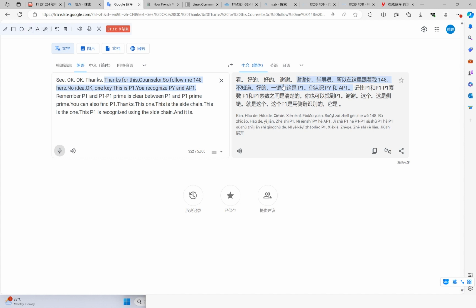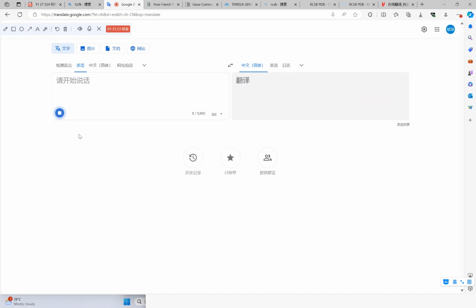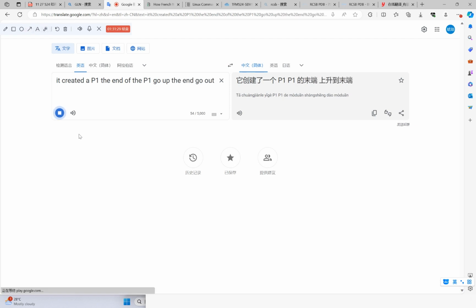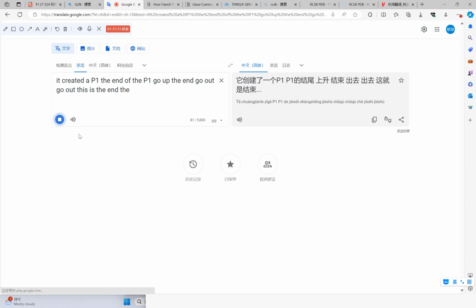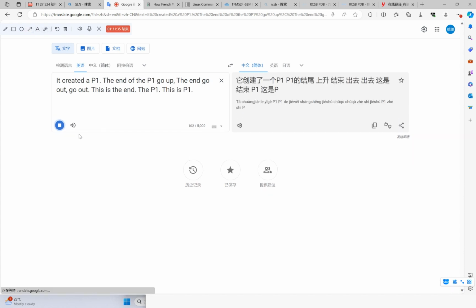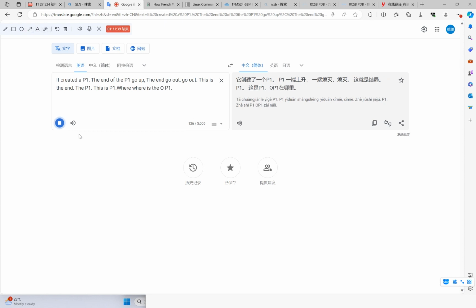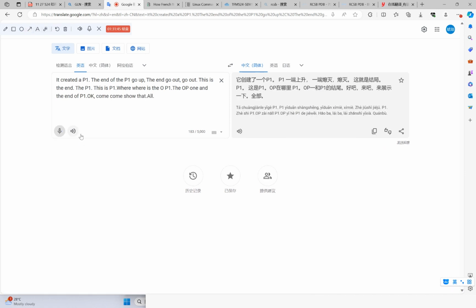P1, the end of the P1 goes out. This is the end, this is P1. Where is the O of P1? The O of P1 and the end of P1. Come and show them. This is P1.